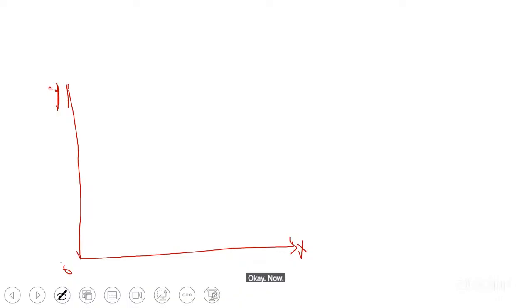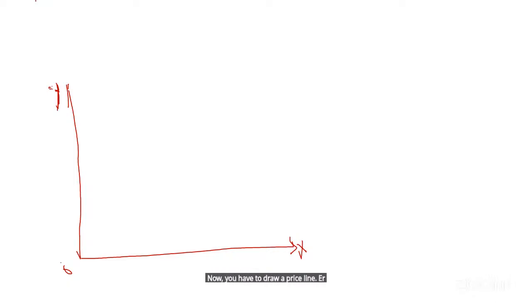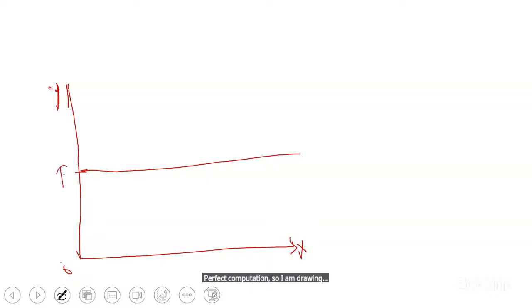Now you have to draw a price line, AR line, MR line, which are all the same in perfect competition. So I am drawing P, which is equal to AR, which is equal to MR. Draw this.